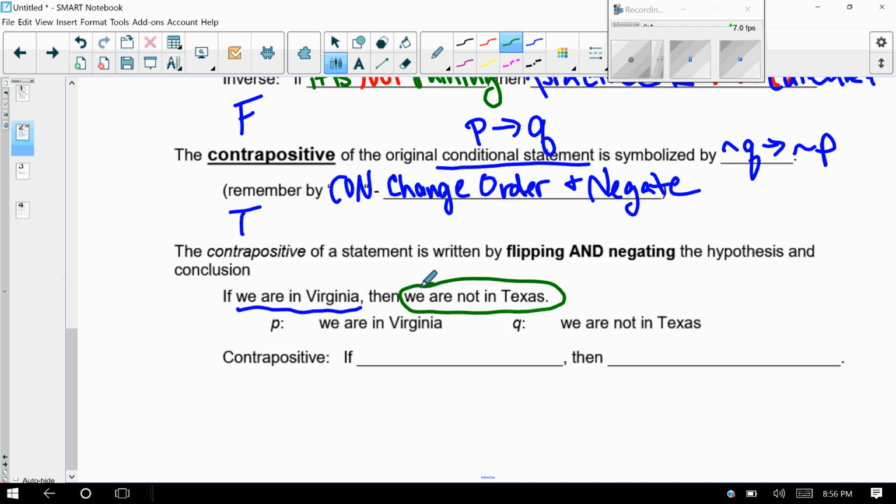The opposite of that is, if we are in Texas, then the opposite of we are in Virginia is we are not, capital not, in Virginia. Don't forget about it.